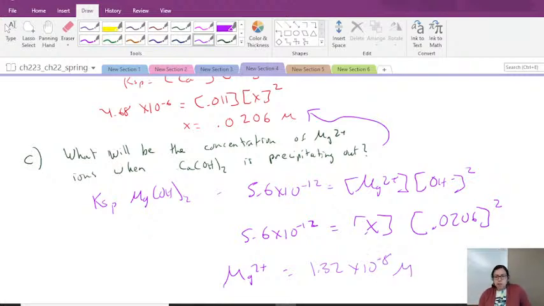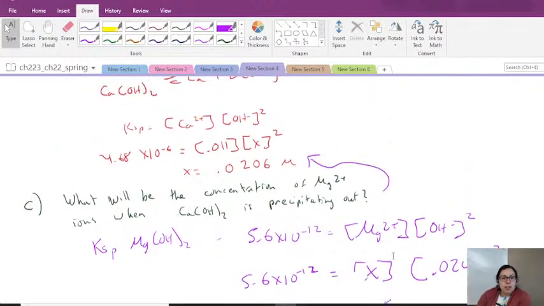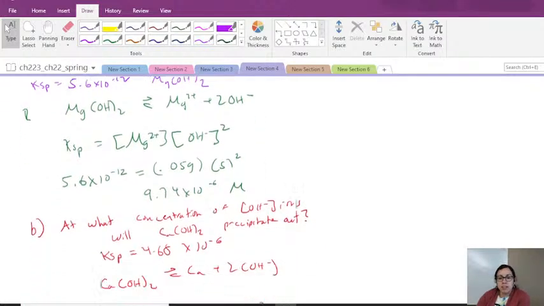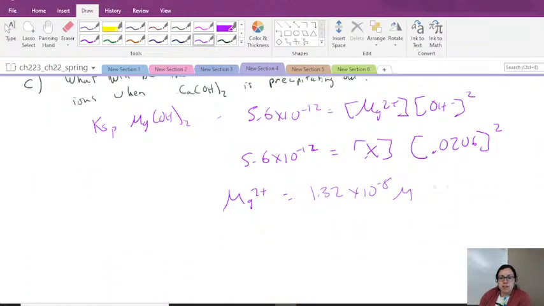But that's pretty small molarity, that negative 8. Especially if you go back to what we started with: 0.059 molarity just in our seawater. Then we started doing the separation, and now we're saying once my calcium hydroxide is precipitating out, we took out most of the magnesium ions from solution, but there's still 1.32 times 10 to the negative 8 molarity left.